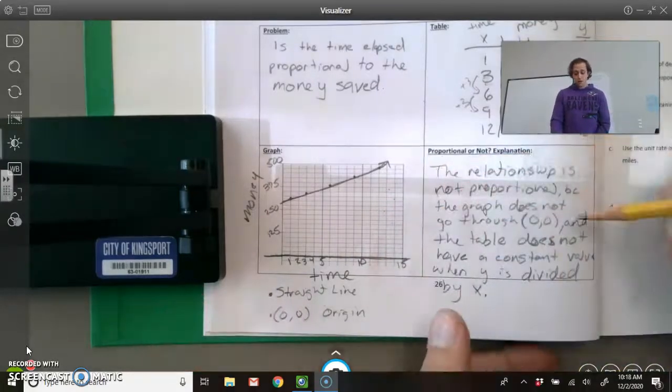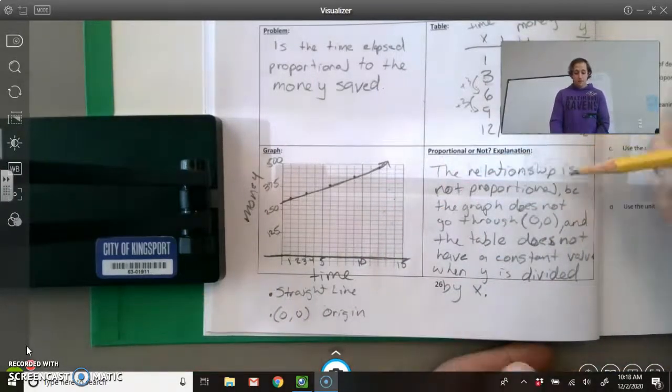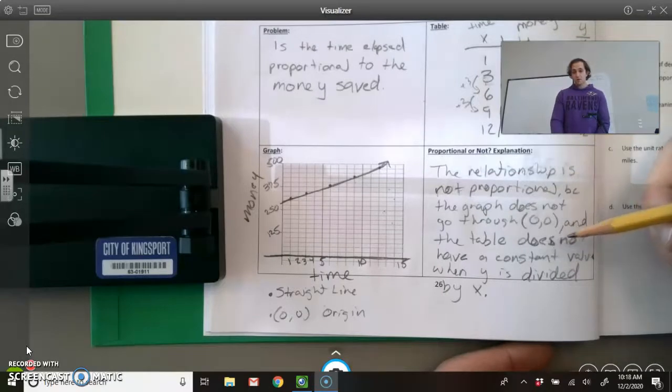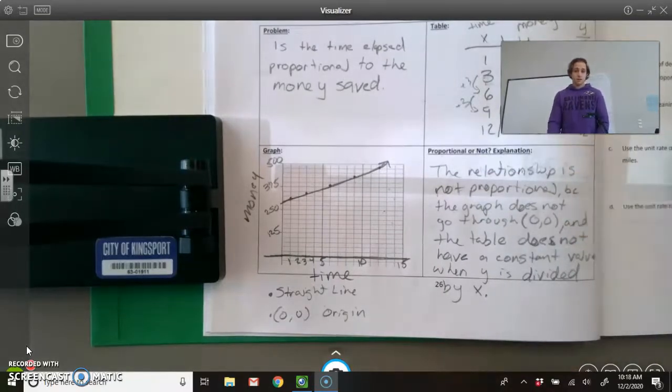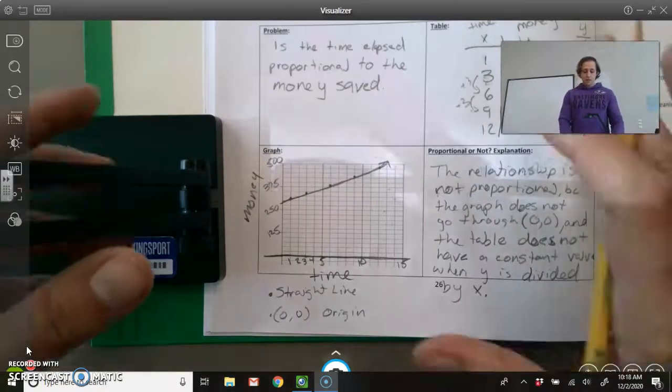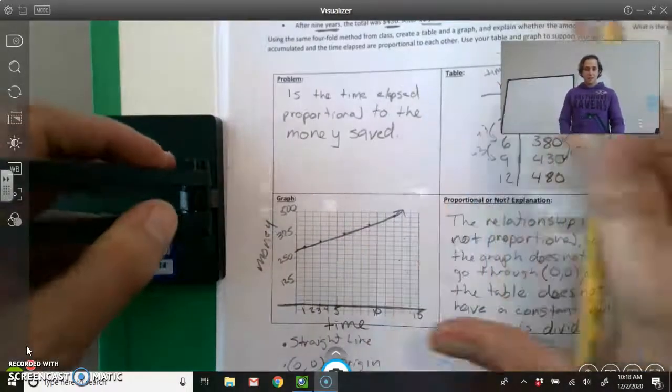But we could also include in our explanation, not only does it not go through 0, 0, it's not a straight line either. The table does not provide a constant when I do y divided by x. So I've got several different things that show me not a proportional relationship. So this serves as a non-example.